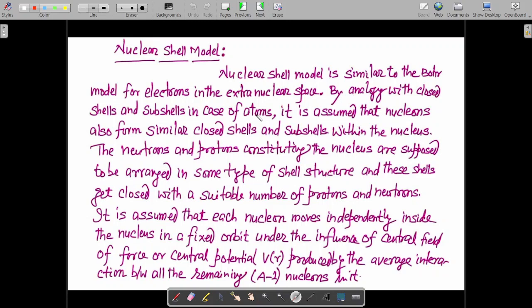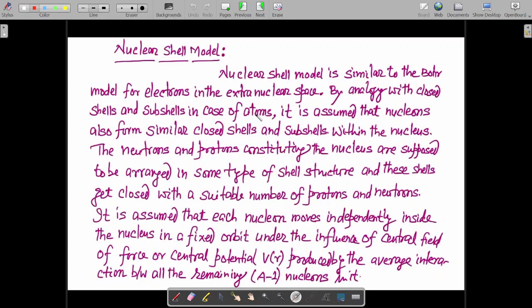By analogy with closed shells and subshells in case of atoms, it is assumed that nucleons also form similar closed shells and subshells. Whenever there are closed shells and subshells, we will encounter the magic number. What are magic numbers? We are going to learn. But for the time being, just understand that the particular number of nucleons at which we arrive at closed shells and subshells, when filled inside the nucleus, is extra stable.